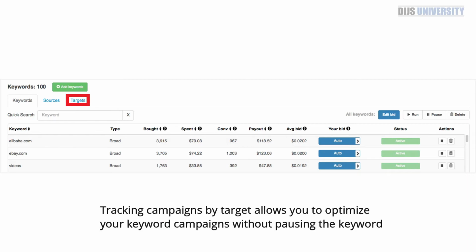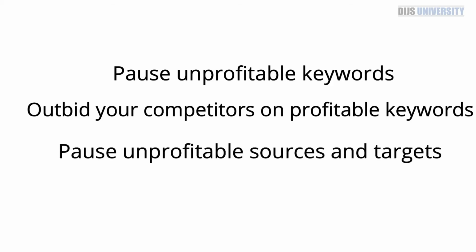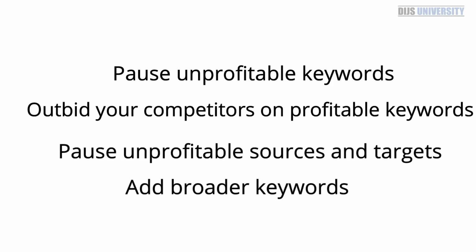Tracking your campaigns by target allows you to optimize your keyword campaigns without pausing the keyword. So in order to optimize your keyword campaigns, you can pause unprofitable keywords, outbid your competitors on profitable keywords, pause unprofitable sources and targets, or you can add broader keywords.